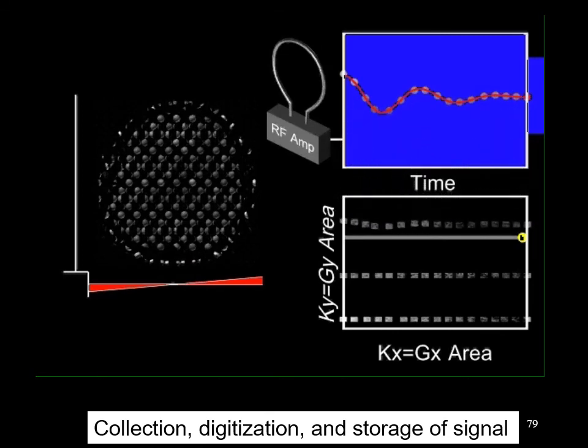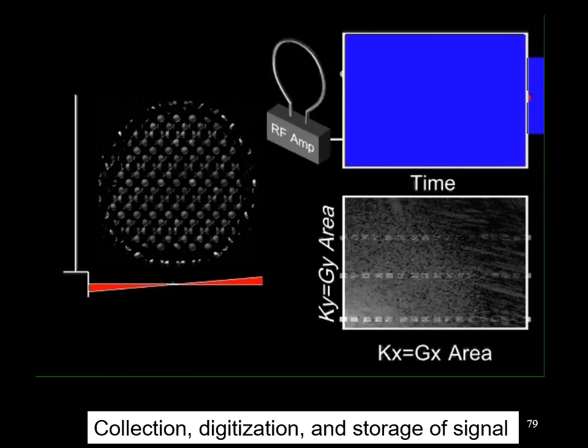We sample the signal and populate a third line in k-space. We keep doing this until we have all the lines in k-space of sufficient number such that when we reconstruct the image from this spatial frequency data, we get an adequate spatial resolution image of the head.